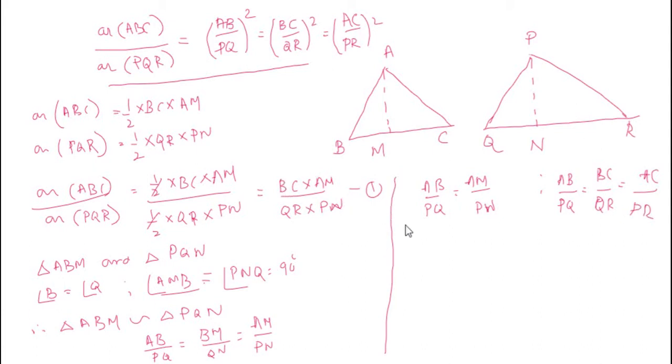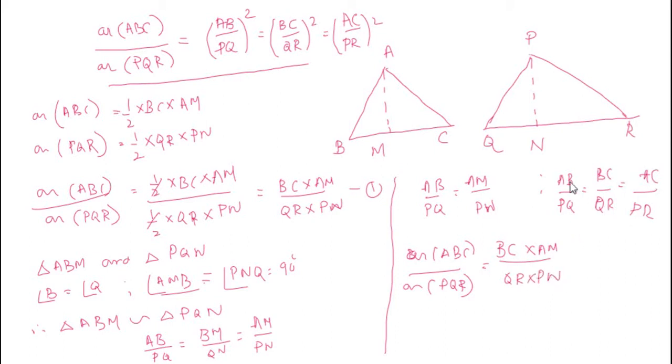Now if you take equation 1, it says area triangle ABC divided by area triangle PQR is equal to BC into AM divided by QR into PN.